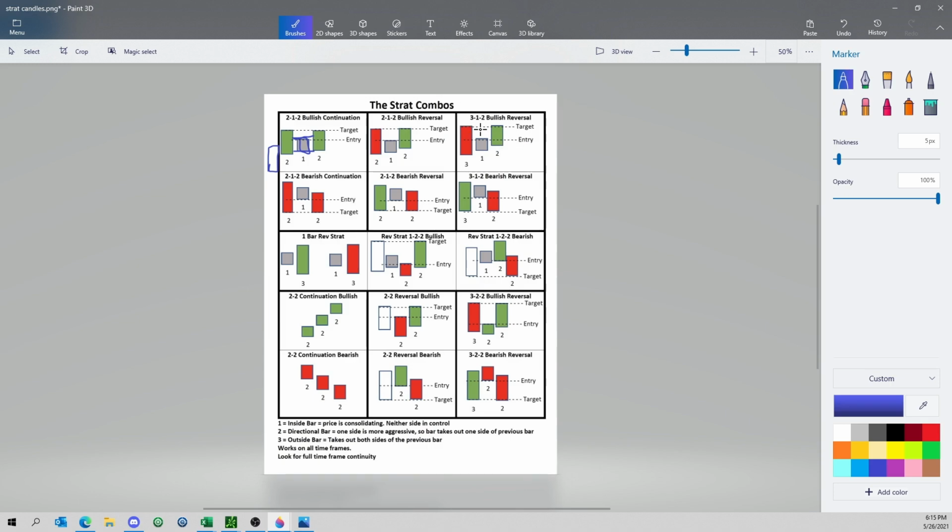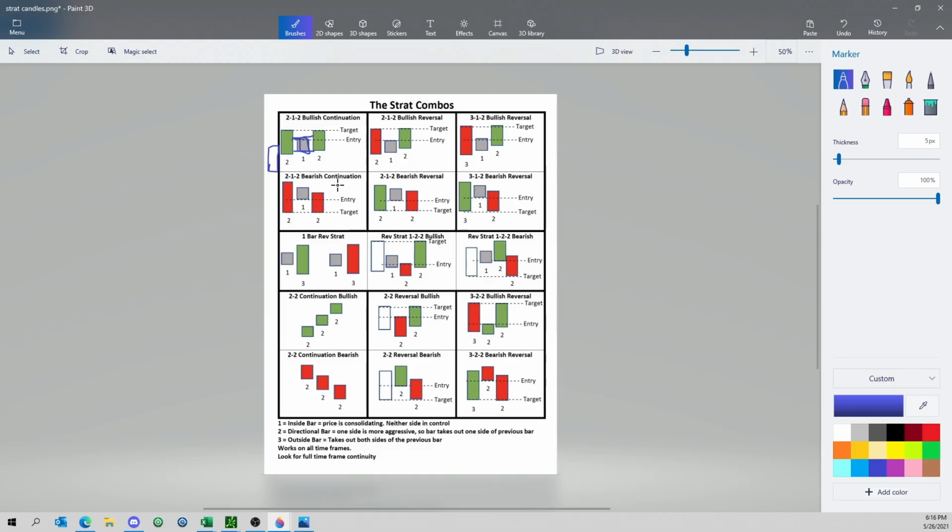Let's see, 3-1-2 bullish reversal, 3 candle consolidating, 2 up. So there's only so many ways you can have a reversal, only so many ways you can have a continuation. 2-1-2 bearish continuation.